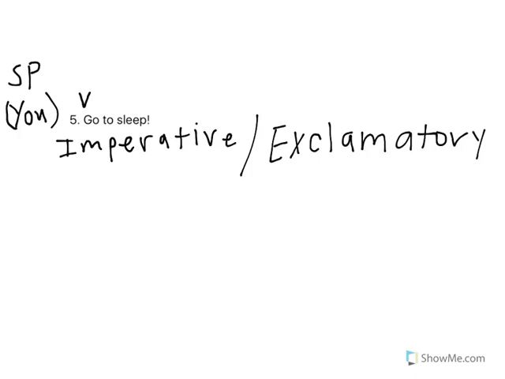Sorry for my messy handwriting, by the way. It is to make a command and to exclaim something. So it is both an imperative and an exclamatory sentence. Now the sentence structure, again, is going to be a simple sentence because there's only one clause here with one subject and one verb.